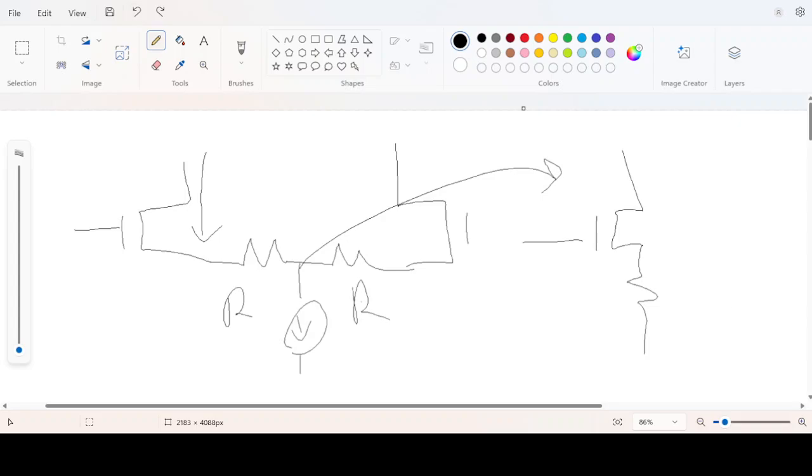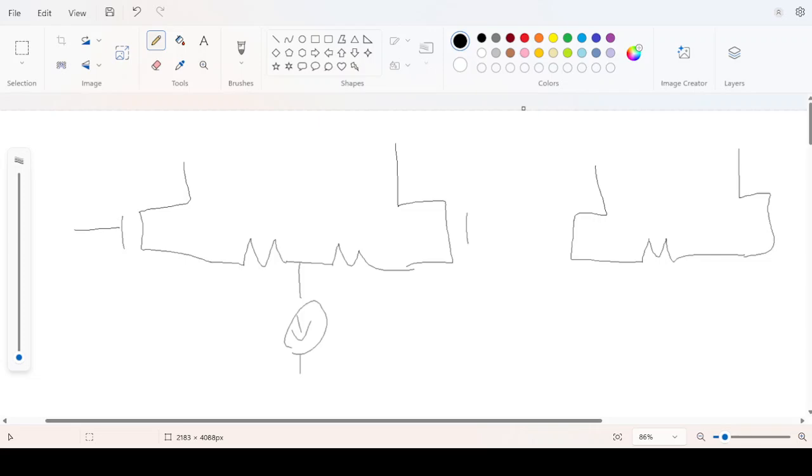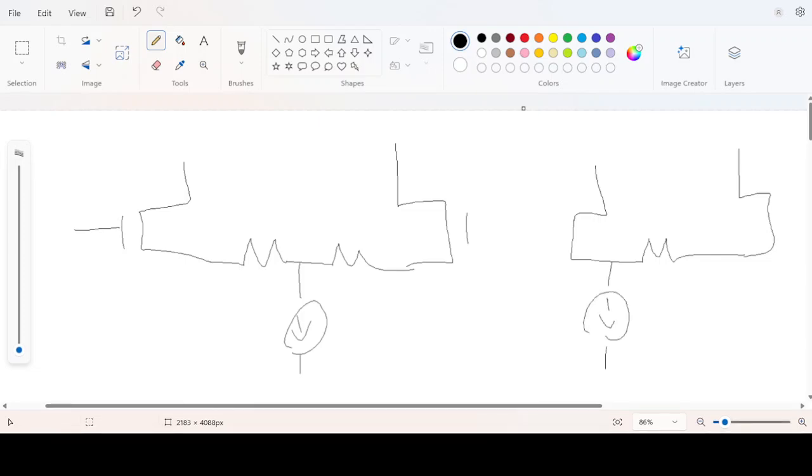Also, there is a variant of this circuit which is maybe more popular: using one resistor and putting two tail currents over here.